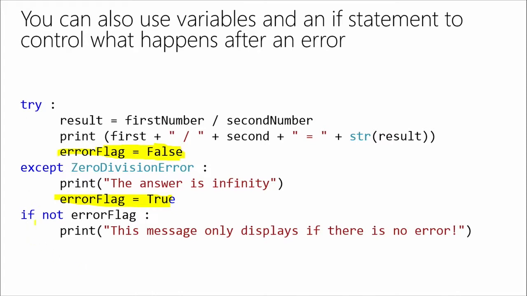And then after we've done all our code, we say, if the error flag is true, then continue executing. So you can just write logic that says if an error occurred, do this; if an error didn't occur, do this. I'm just using a Boolean variable, setting it to true or false based on whether or not the error occurred. So this is just creative coding. Lots of different ways to tackle problems.